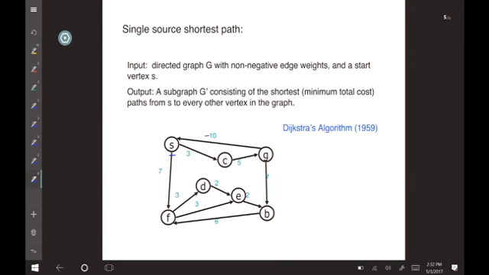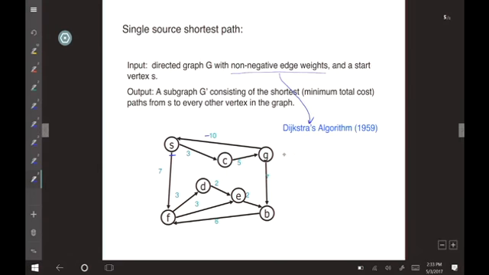So this non-negative edge weight is particular to Dijkstra's algorithm. If there's a negative weight cycle, the problem cannot be solved at all, okay?